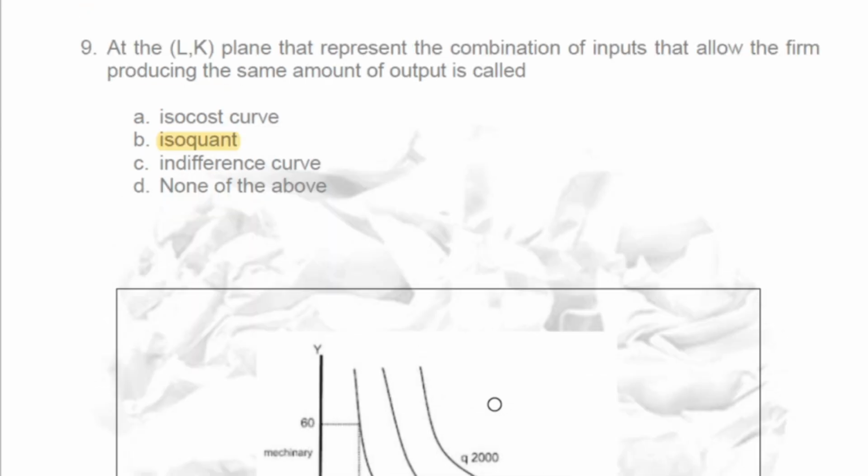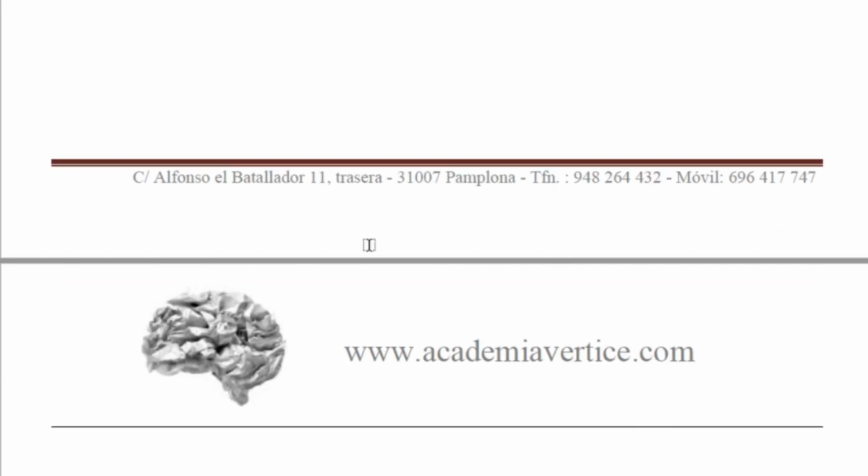So they lie on the same isoquant. Both points give me the same production quantity. Output quantity, isoquants. Iso, the same quantity produced.